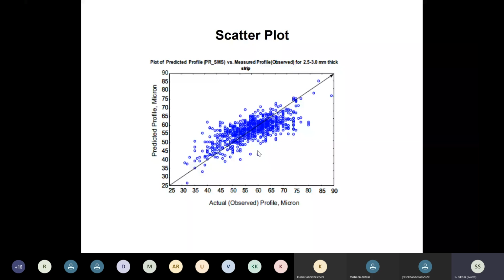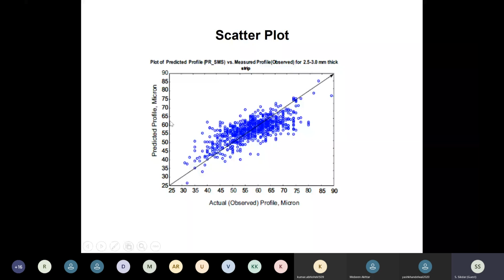Similarly, in your case, if you have some production plant, you can plot the actual profile, and there is one equation for it. You can also have scatter plots for other data, where you have the actual experimental value and a predicted value.